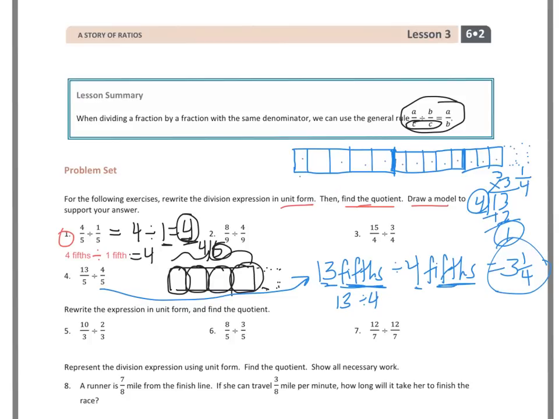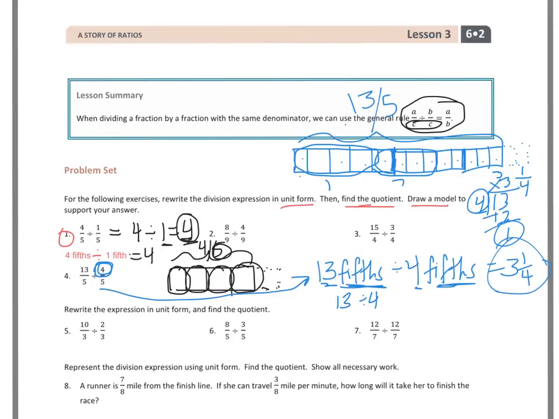So now I got my 13/5, and I'll bracket in just that part. 13/5. I need to now circle groups of 4, and I want to see how many groups of 4 I can get. So there's a group of 4. So that's 1. This 1, 2, 3.